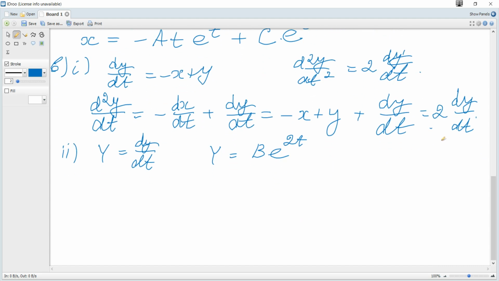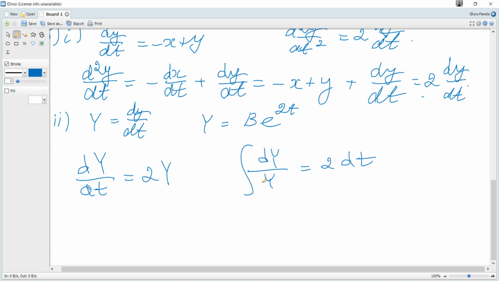Let's substitute into this, so it becomes Y' = 2Y, and again applying the method of separating variables, it becomes dY/Y = 2 dt.